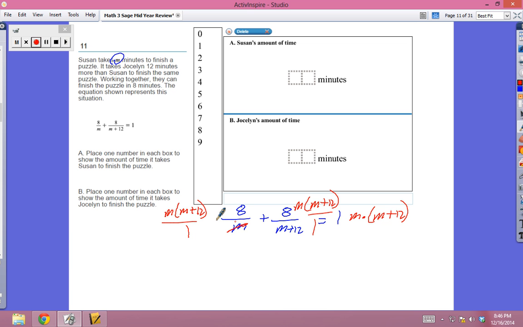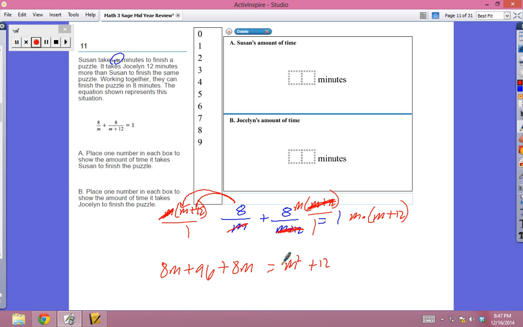This m is going to cancel that m, and so you're going to have 8 times m and 8 times 12, and that's going to be 96. This m plus 12 is going to cancel this m plus 12, and so you're just going to have 8m, and then this 1 times m plus 12 is just going to be m squared plus 12.